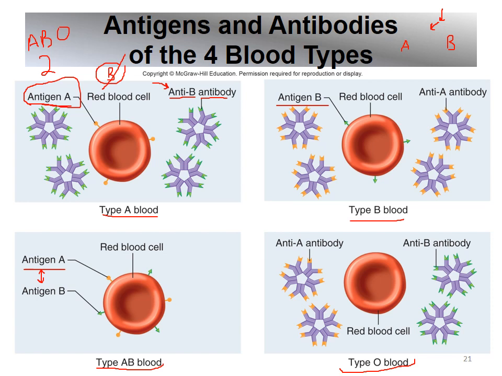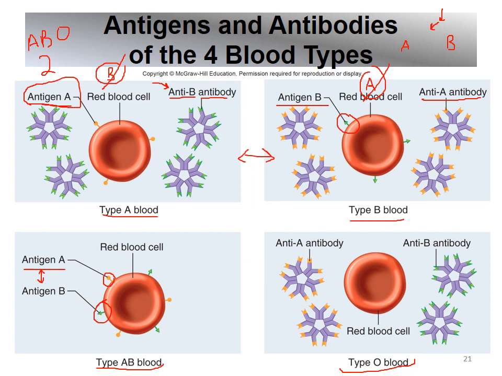If I'm type B, that means I have B antigens on my cell surface. Since I do not have A antigens, that means A is my enemy, so I have anti-A antibodies flowing around in my plasma. Those should be pretty straightforward. The trick is, if you understand the process, then you'll understand why these bottom two are the way they are. If I've got type AB blood, that means I have both A and B antigens.